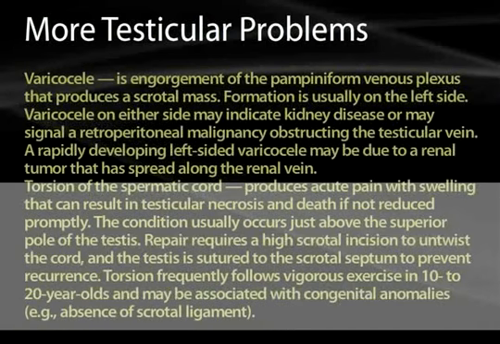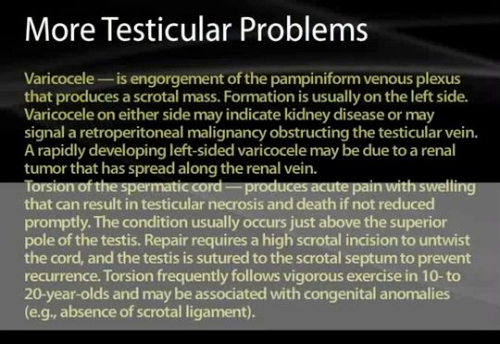Torsion of the spermatic cord is an incredibly painful twisting that occurs around the testis itself because the gubernaculum testis becomes unhitched, and it can lead to testicular necrosis and death of the testis within 12 hours.